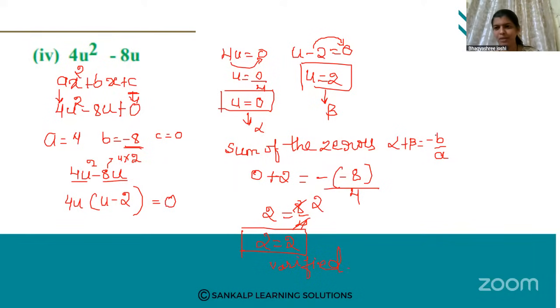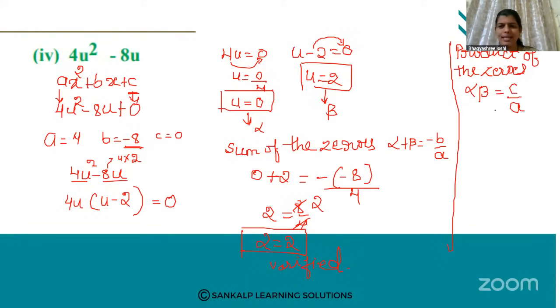Is this the only thing to find out? No. We need to find out the product also, right? So product of the zeros is equal to, dear children, alpha into beta equal to c divided by a.